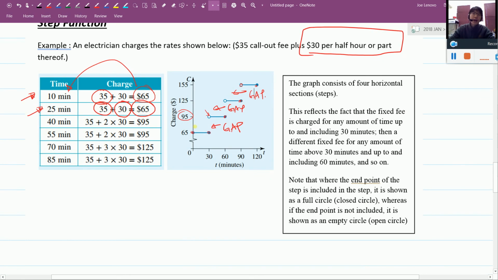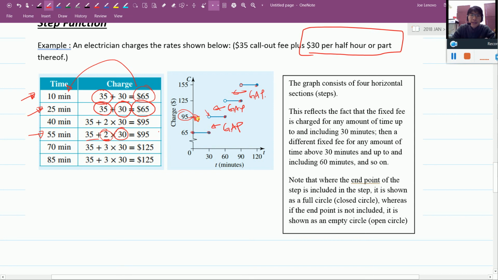For a step function graph, it's very easy to calculate. It has one particular scale, and all you need to identify is which scale you are paying. For example, for 55 minutes, it's still within an hour, so you pay $30 per half hour, 2 times is $60, plus 35 is $95.